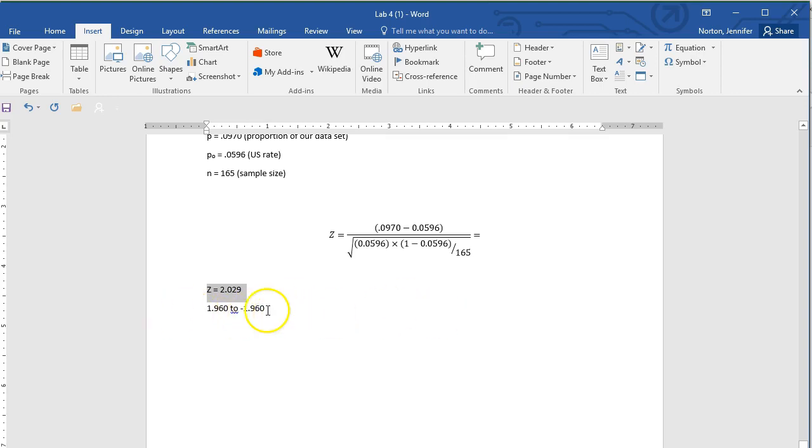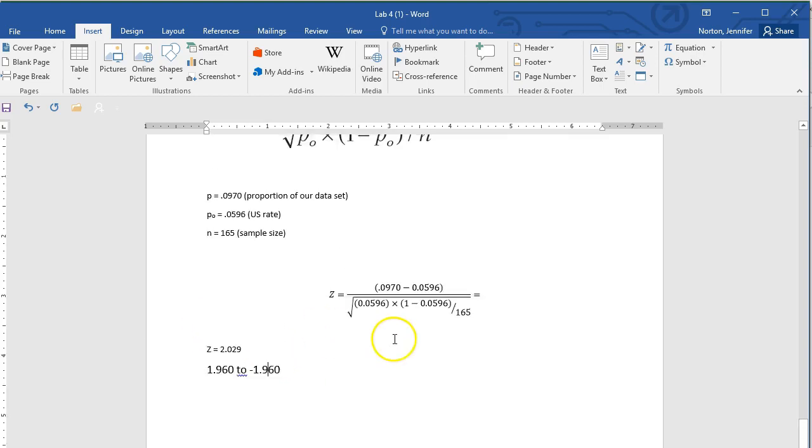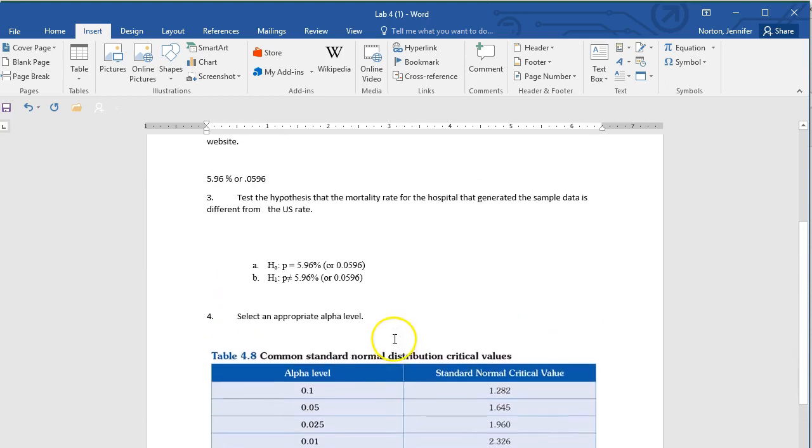If your z-statistic is greater than the 1.960 or less than the negative 1.960, so if it's more extreme than your critical value, then you would reject the null hypothesis. Remember, the null hypothesis is that they're equal.